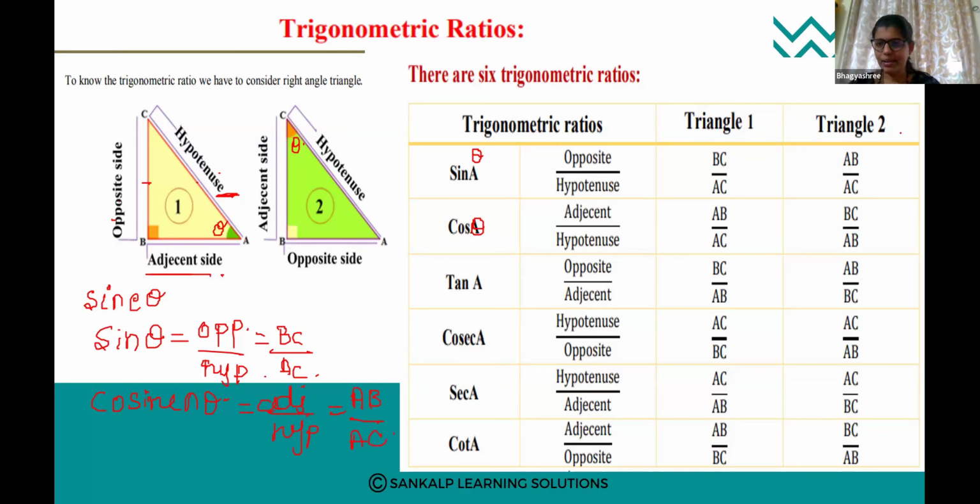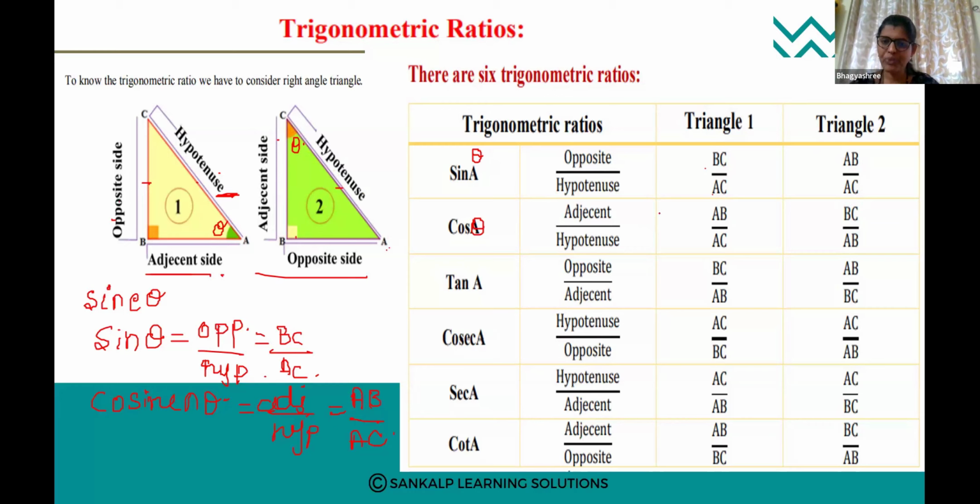Okay. Next, what is there in triangle 2? See, sin theta means opposite divided by hypotenuse. In the first triangle, it is BC divided by AC. In the second triangle, the opposite side is AB and the hypotenuse is AC. The side opposite to theta is the opposite side, the side between theta and 90 degrees is the adjacent side, and the side opposite the 90 degree angle is the hypotenuse. So the opposite side is AB and the hypotenuse is AC, right?